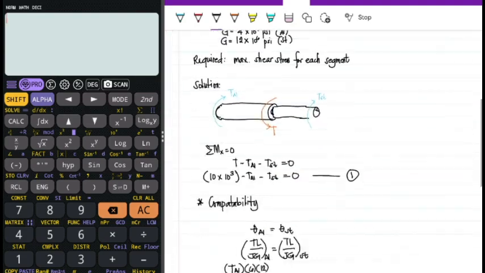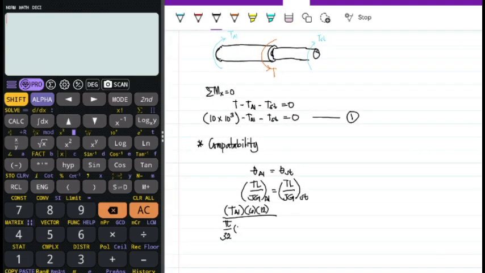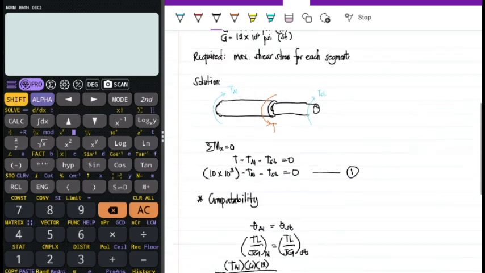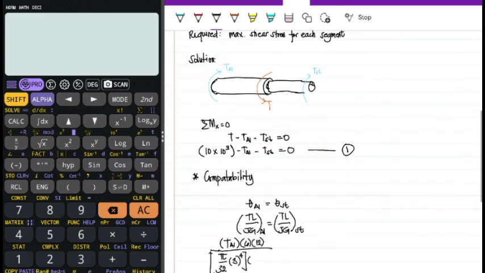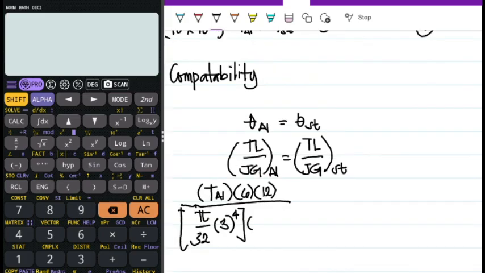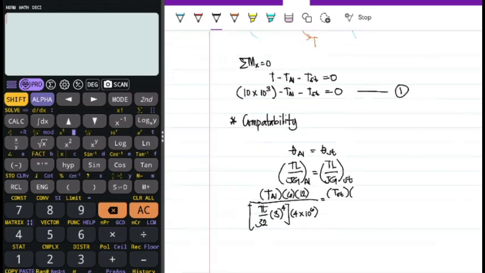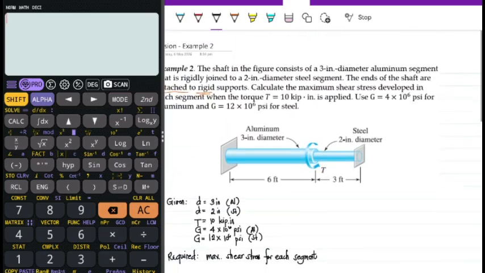If you try to recall your dynamics of rigid bodies, especially with rotation, although steel has a much smaller radius as compared to aluminum, nevertheless if you rotate them together simultaneously, the angle of rotation for both aluminum and steel will be the same.